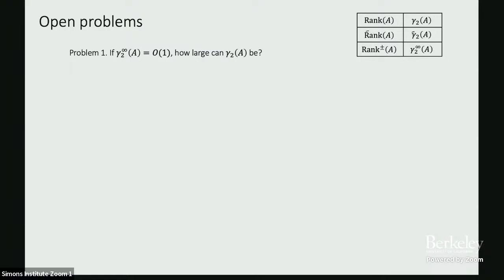Possibly this is doable, but I'm not sure if it's true. Linial-Shraibman showed that the separation cannot be too ridiculous. If this is constant, this cannot be larger than square root n, but this doesn't refute the possibility of some poly n, some other exponent.